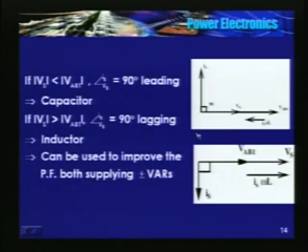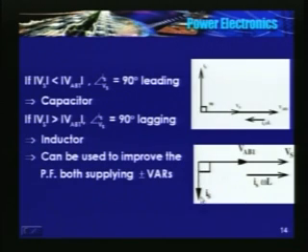Now take a second case, where the magnitude of VAB is less than the source voltage. So this should be Is into omega L. If this is the voltage across the inductor, the current flowing through should lag this vector by 90 degrees.